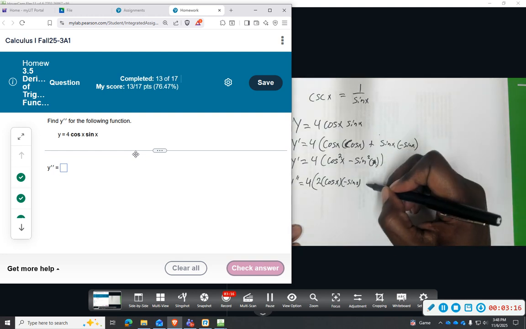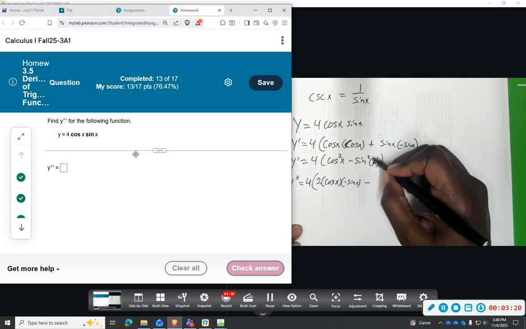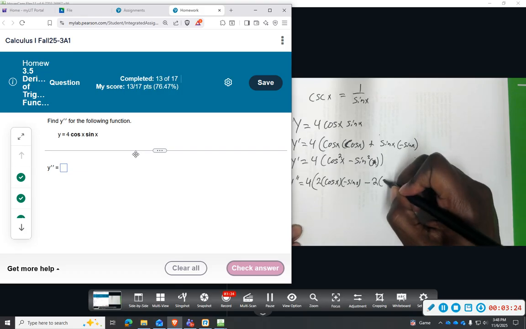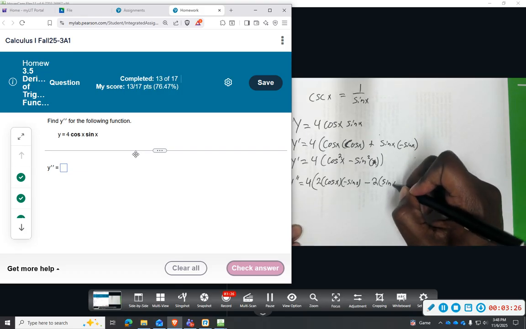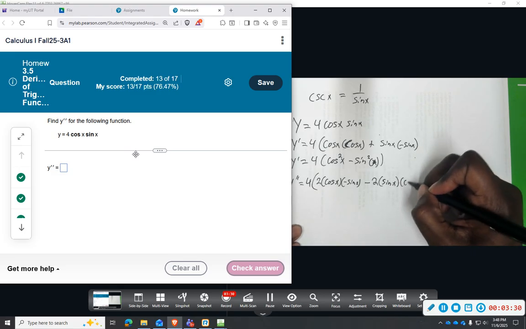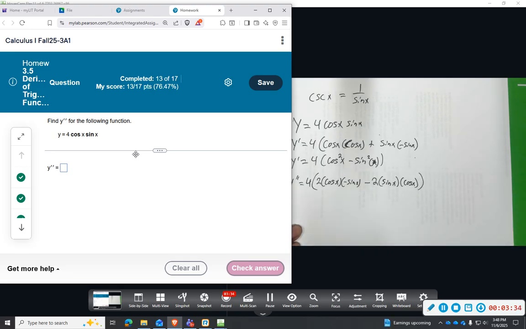And then minus, we'll do chain rule again, so we'll have a 2, and then the inside sine x, and then derivative of sine is cosine of x, and all this in parentheses. All this will be multiplied by 4.